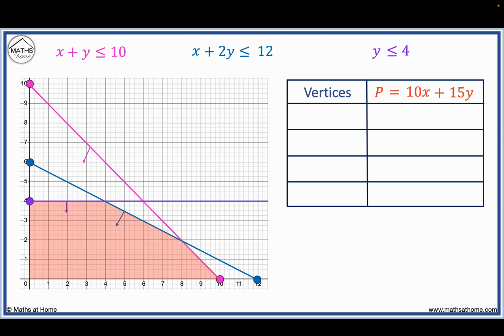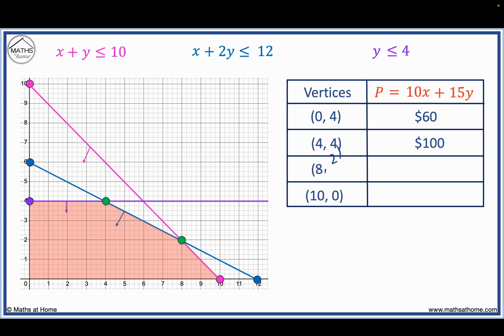The vertices are at (0, 4), (4, 4), (8, 2), and (10, 0). When x equals 0, y equals 4, 10 times 0 plus 15 times 4 equals $60. When x equals 4, y equals 4, 10 times 4 plus 15 times 4 equals $100.